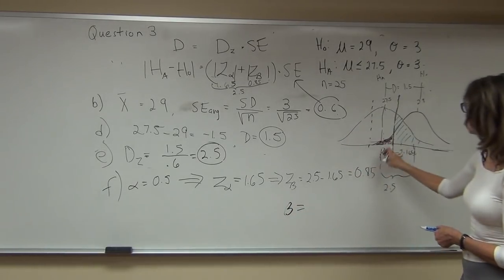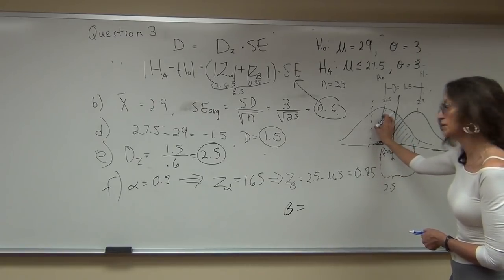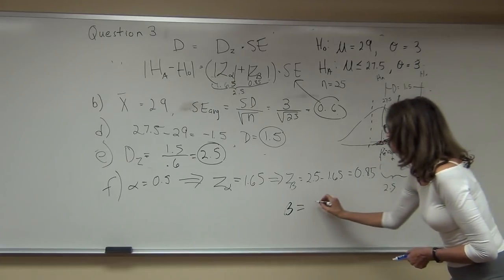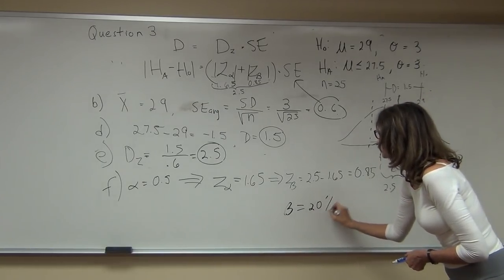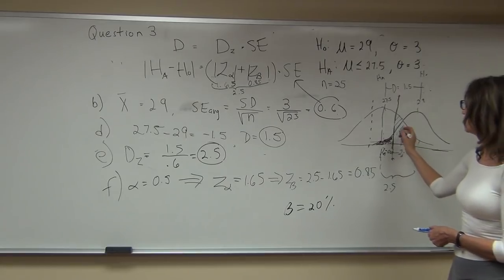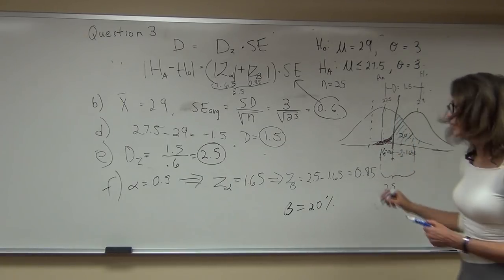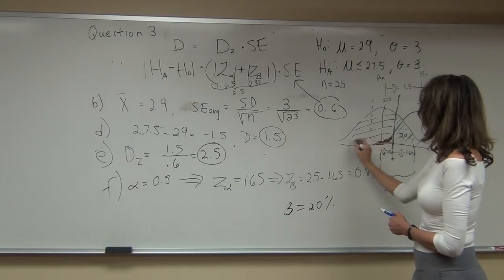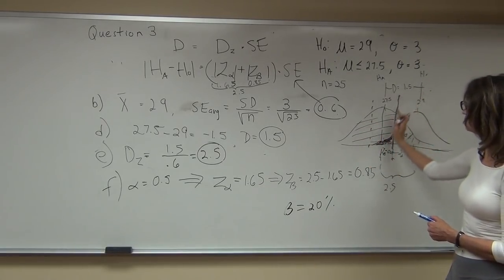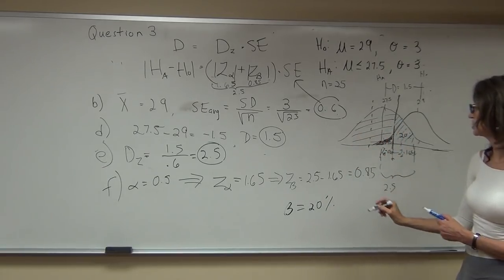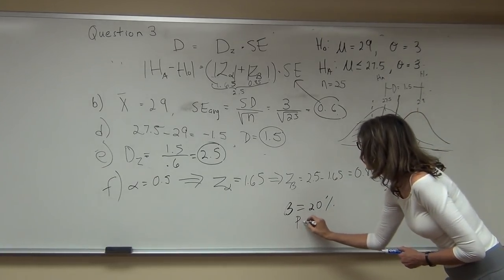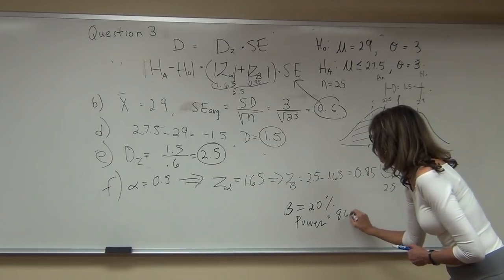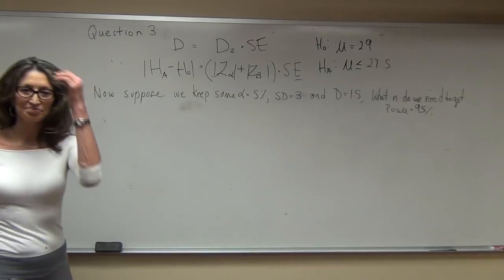You look at the normal table and you'll see that this area right in here is 60%. So that means this is 20%. So beta, the probability of a type 2 error, is 20%, and all that is the power, the power to detect this effect size of 1.5. The power of our test, which is 80%. So our power is 100% minus beta, which is 80%. So that's the idea for this one.